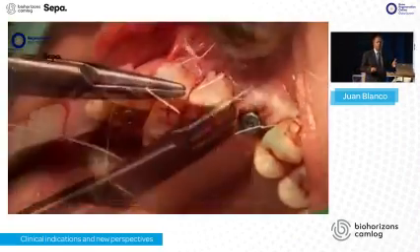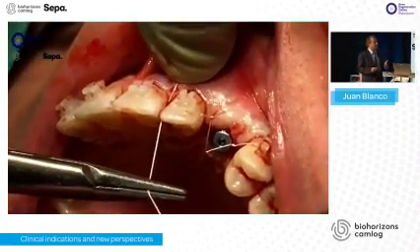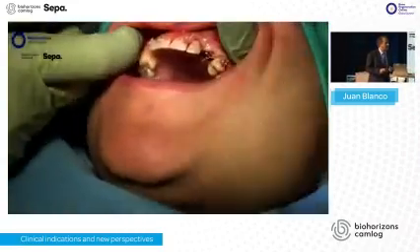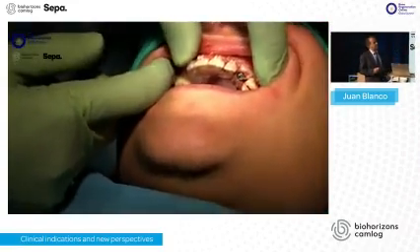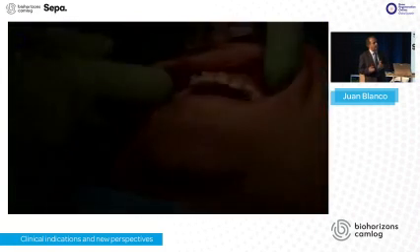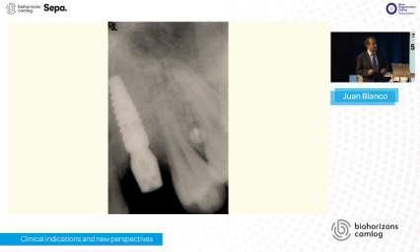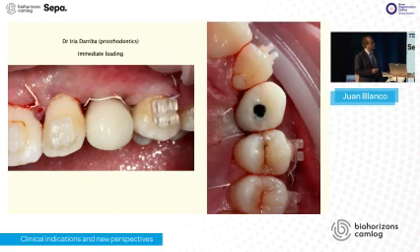That is very important for the good healing and also for the good result of this patient. Finally, the patient went to the prosthesis room, and this is the X-ray once we finished the surgery. And finally, you can see the immediate loading that was done by our prosthodontist, Iria Darriba.